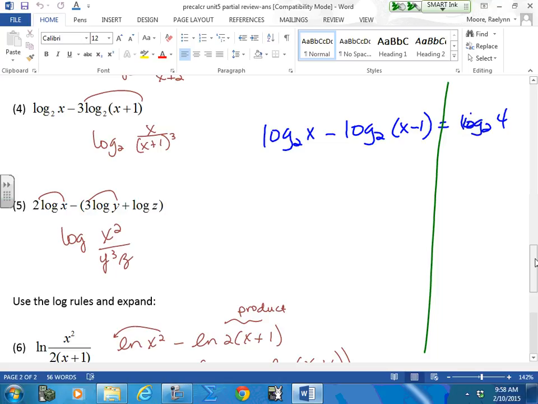If you get it to say log equals log, you can take the logs away. So when were you subtracting your exponents? What were you doing? Dividing. So pull out your log, set it up as a divide. Now you have log equals log, right? So what can you do now? Cancel out your logs.